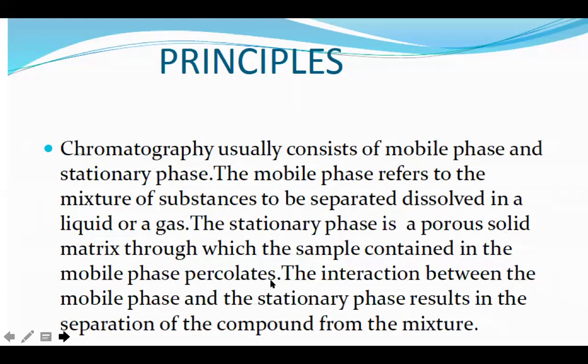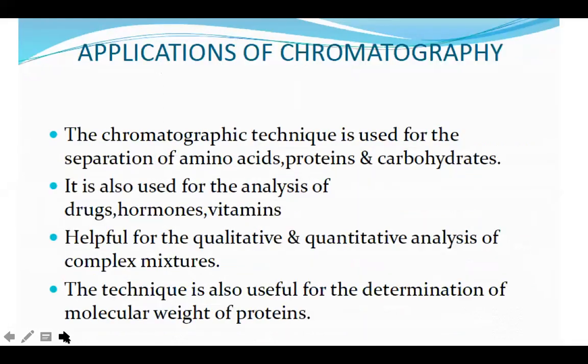Percolates means move through. The interactions between the mobile phase and stationary phase result in the separation of the compounds from the mixture.